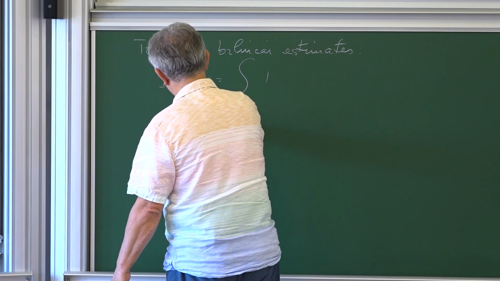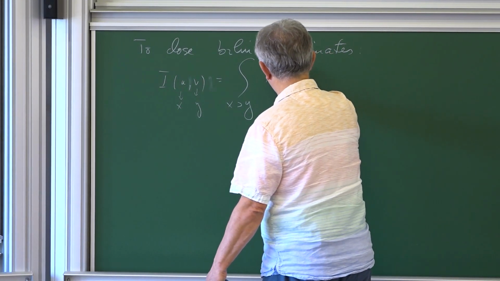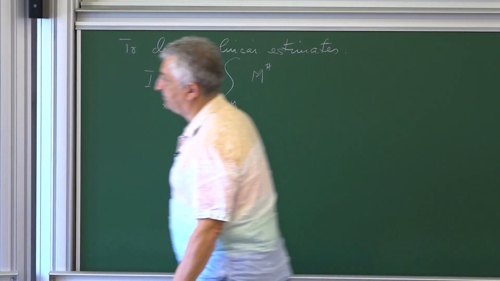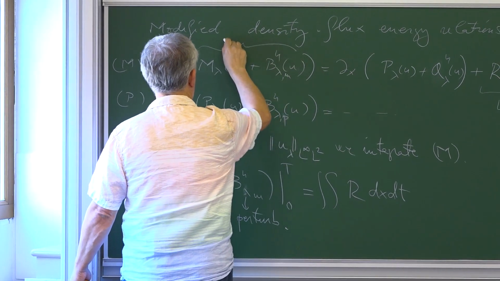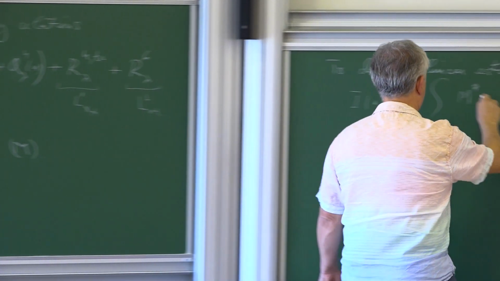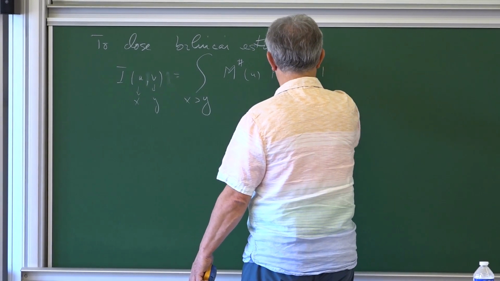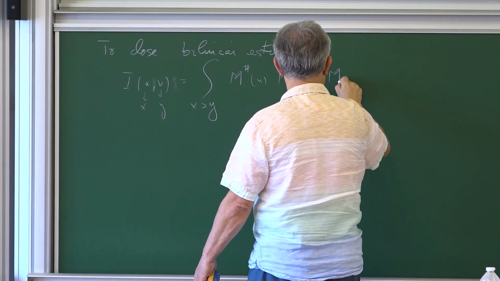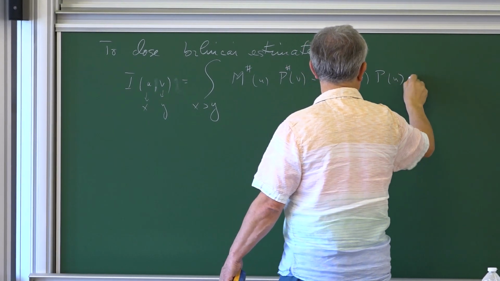Think of u as depending on the variable x, v depending on the variable y. This is m, this is the modified mass. So this is our m sharp of u, p of v, minus p sharp of v, minus m sharp of v, p of u, dx dy.